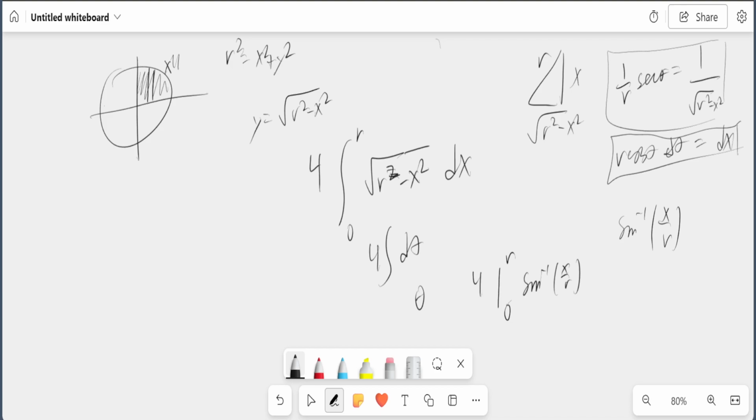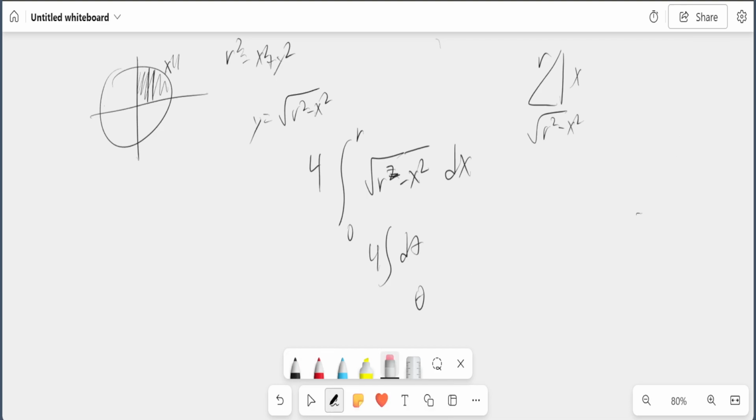Sine inverse x over r, so sine inverse 1 is pi. This gives us 4 pi, because this is basically the exact same. Oh, yeah, because we're looking for r squared minus x squared, not 1 over r squared minus x squared. So r squared minus x squared is equal to r cosine theta, right? This is what we were looking for, not 1 over.